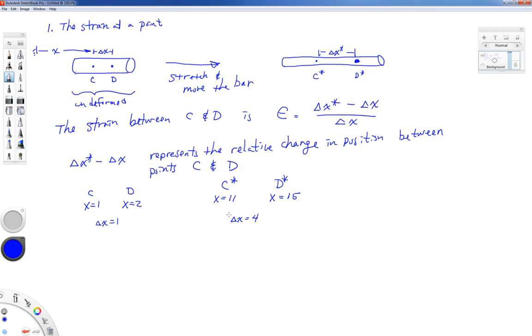And so the relative change in position is equal to 3. All right, so those points started out 1 unit apart, and now they're 4 units apart. So the relative change in position is 3 units.